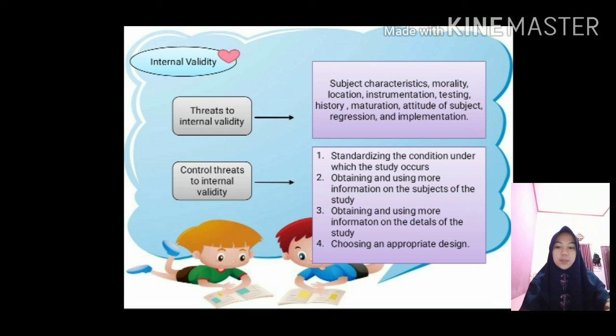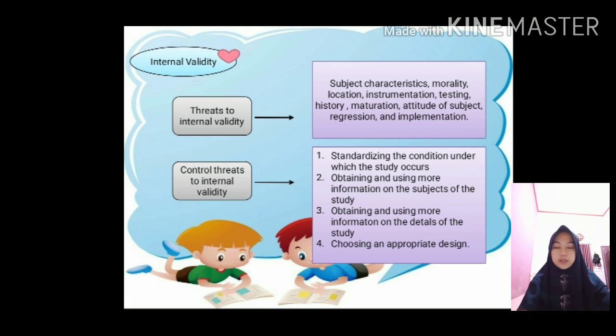The alternative hypotheses are referred to by researchers as threats to internal validity. There are many kinds of threats to internal validity, such as subject characteristics, mortality, location, instrumentation, testing, history, maturation, attitude of subject, regression, and implementation.